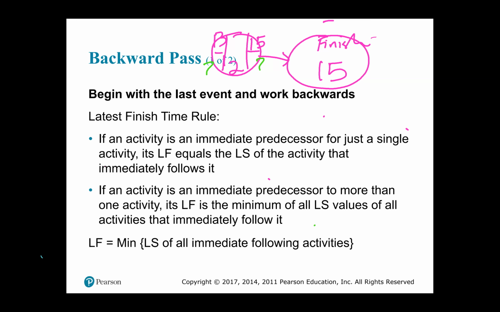To begin your backward pass, you pick up the information that is in your finish node. Since the finish node here is the immediate successor of this activity that comes in front of it, you're going to pick up the 15, walk backwards, and go to the late finish spot that is immediately next to it.